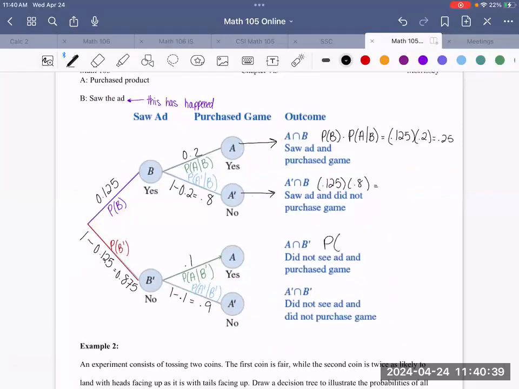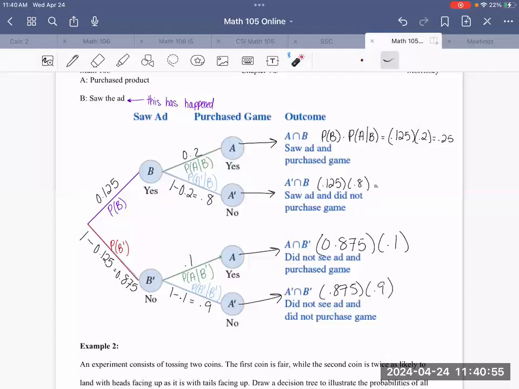The probability, 0.875 times 0.1, and again, one more time, 0.875 times 0.9. So when you are making your decision tree, it actually has so much context to it. And at the end of your decision trees, these are all of your sample spaces.